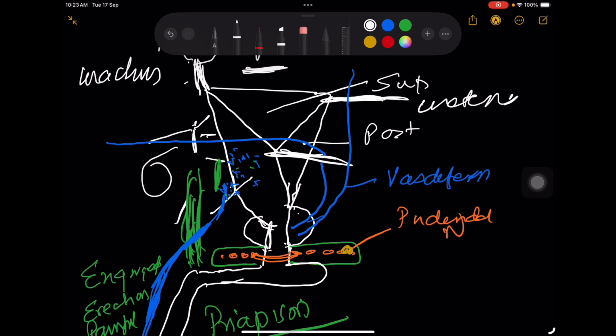These vas deferens are connected to the seminal vesicles where they collect the sperm. They become ejaculatory ducts and open into the prostatic urethra, into a bulging portion of the prostatic urethra called the verumontanum.